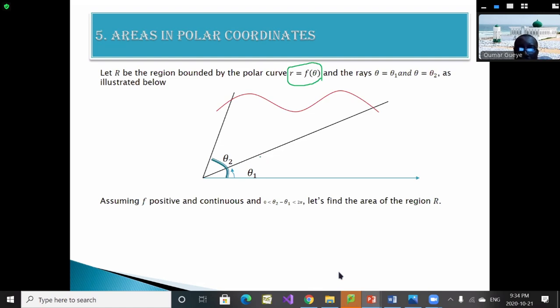And this angle here is theta 1, and the bigger angle is theta 2. So the area that we want to calculate is this area below the curve C, when theta is between theta 1 and theta 2.